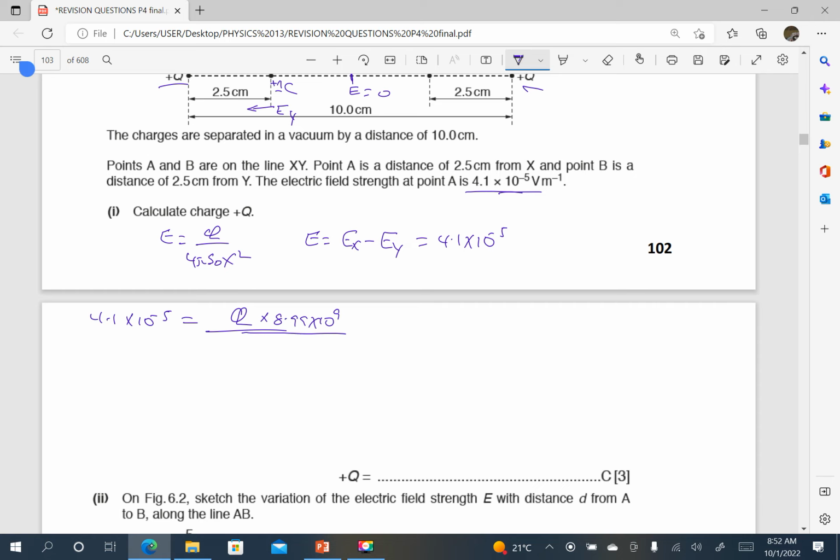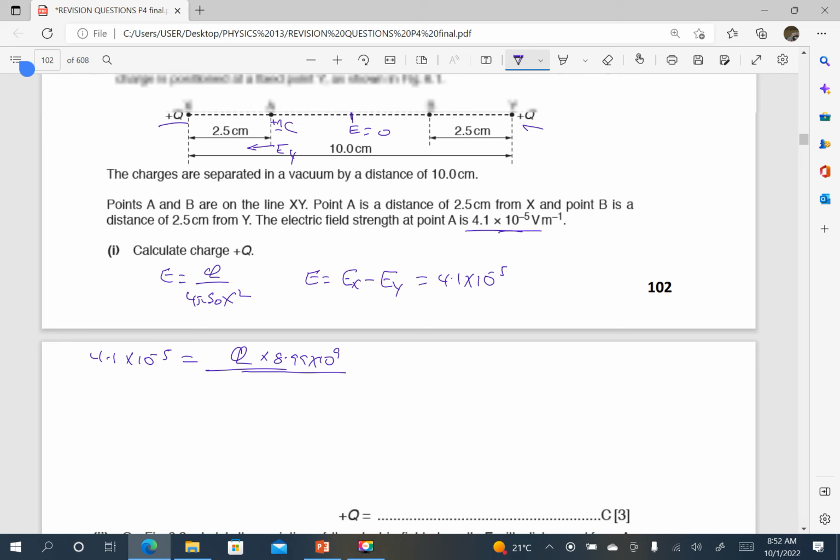Divide by the distance, which is 0.025 squared, minus the charge at Y, which is also Q, times 8.99 times 10 power 9, divided by the distance of the charge at Y from this, which is going to be 10 minus 2.5, which is 7.5. So that will be 0.075 squared.